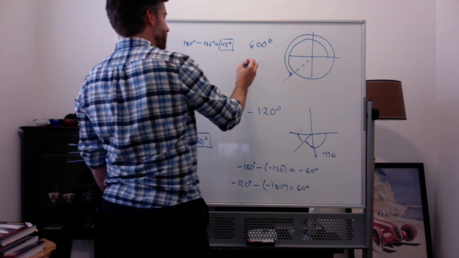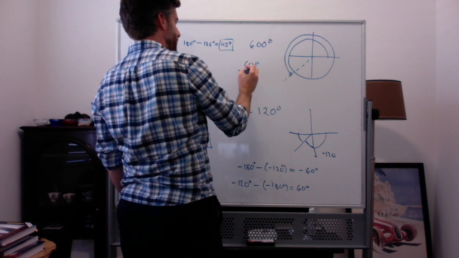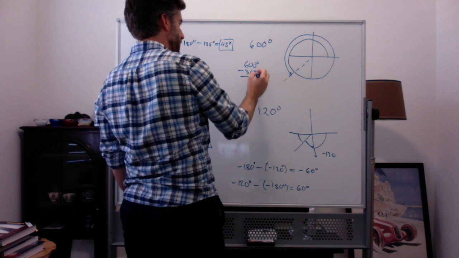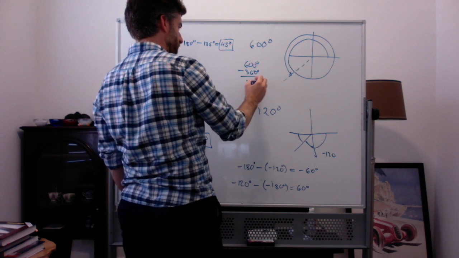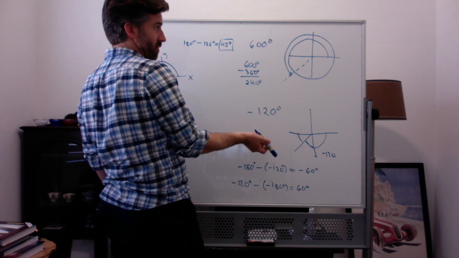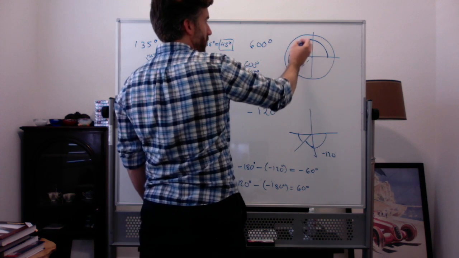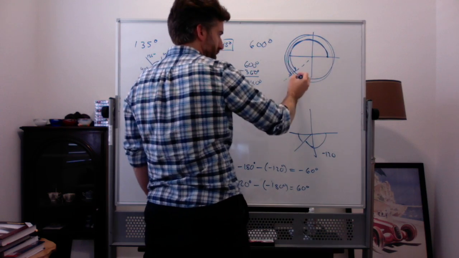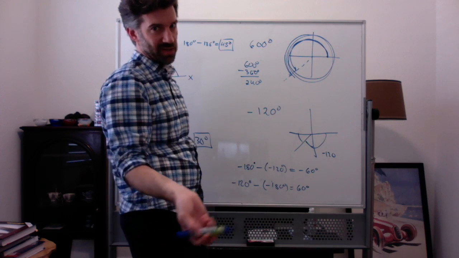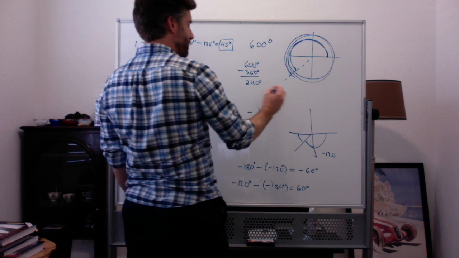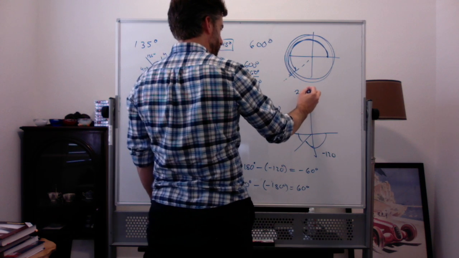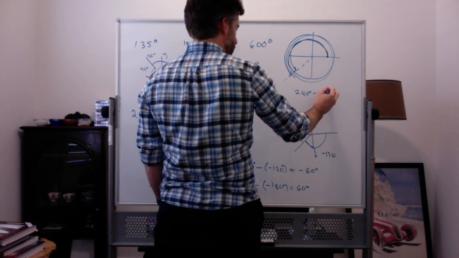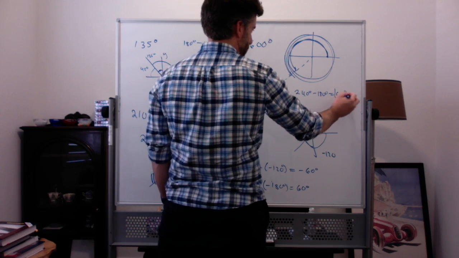So I can do 600 degrees minus 360 and get 240 degrees. Then I can find the reference angle for 240, because this is 240 and this is 600, which is the same angle. So the reference angle for 240 minus 180 would give me a 60-degree reference angle.